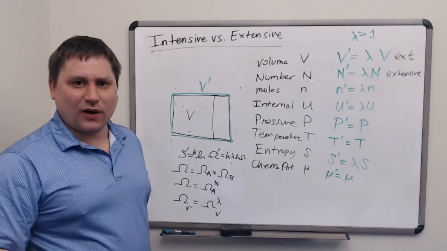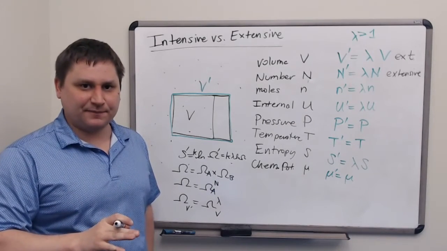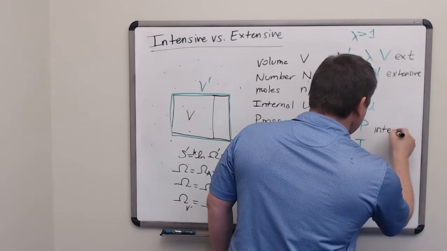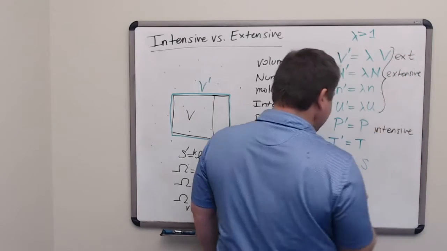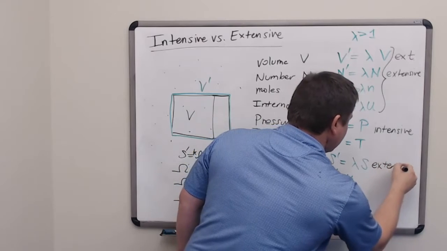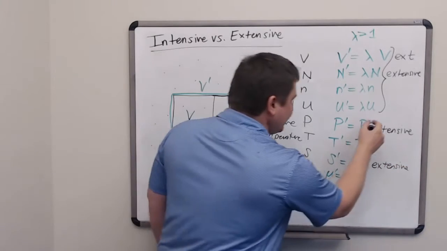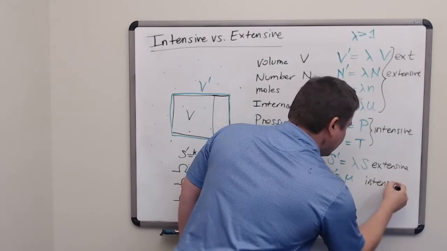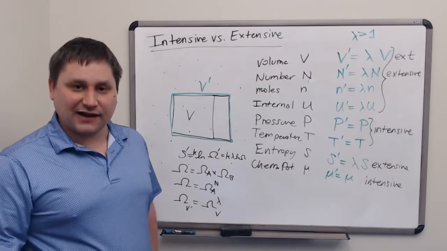An extensive quantity is one that scales in proportion to the size of the system. So these ones here are all extensive. Entropy is extensive. Quantities like pressure and temperature and chemical potential, these do not change when we scale the size of the system.